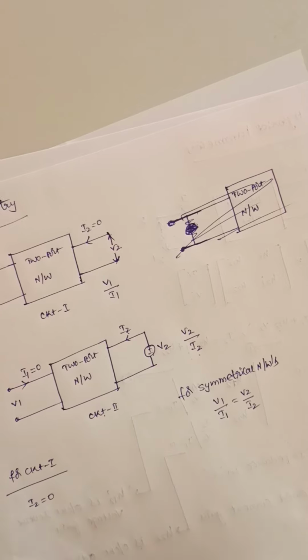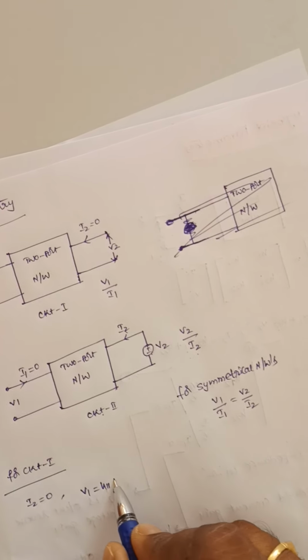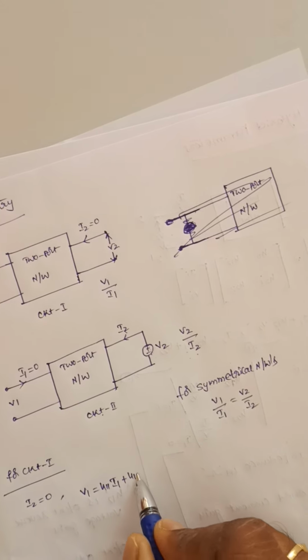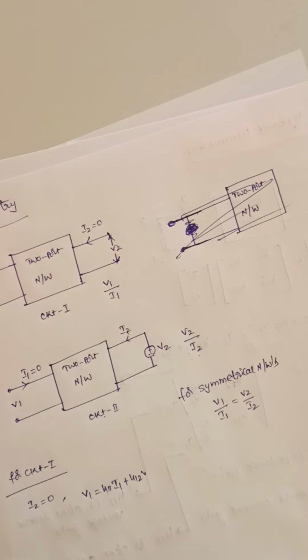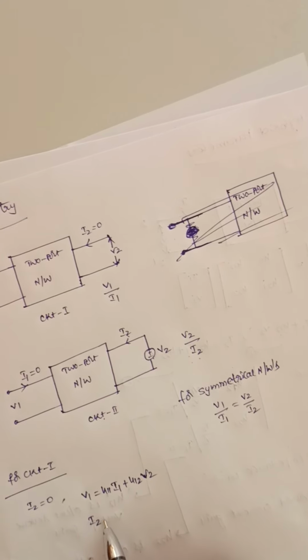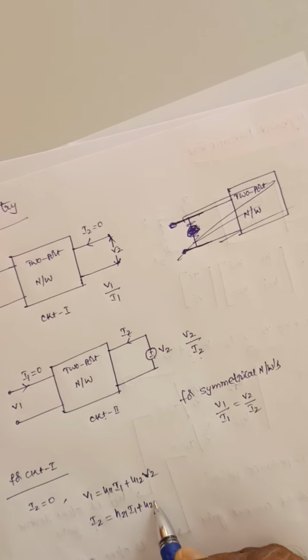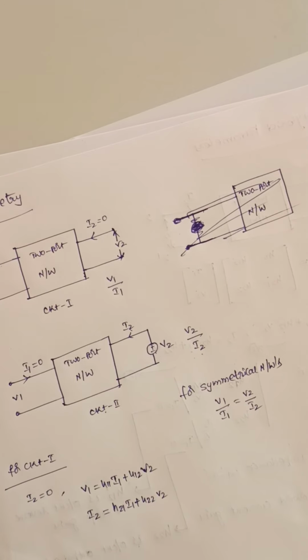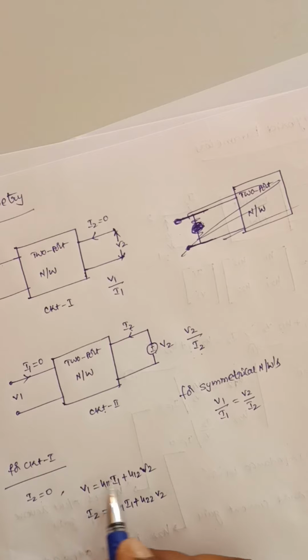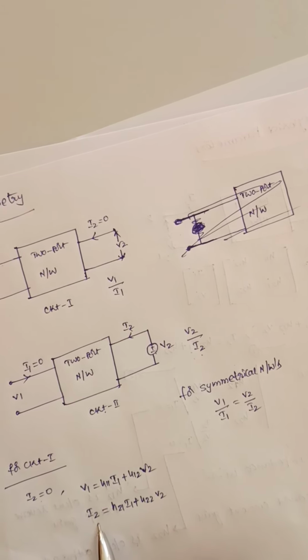Okay, so from circuit 1, I2 is equal to 0, and we know that V1 is equal to H11 I1 plus H12 V2. Next it is I2 is equal to H21 I1 plus H22 V2. So let us substitute here I2 is equal to 0.